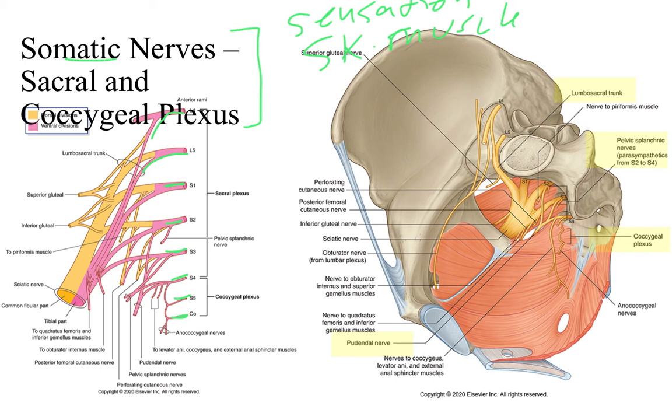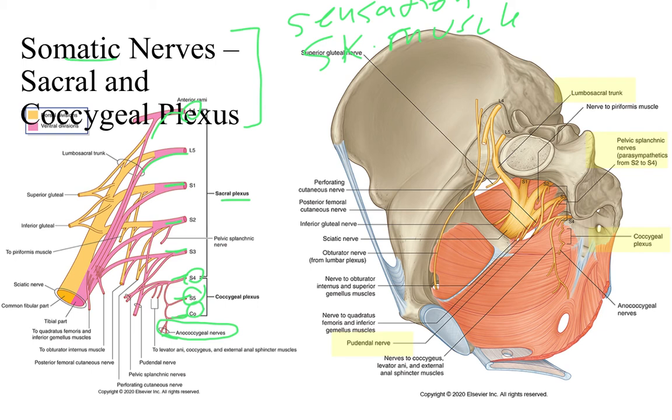Getting a little more specific, our sacral plexus would go from L4 right here to S4, and then our coccygeal plexus would go from S4, include S5, as well as the coccygeal. And notice at the tip of that, we have our anococcygeal nerve. The name tells you exactly what those are going to go to.